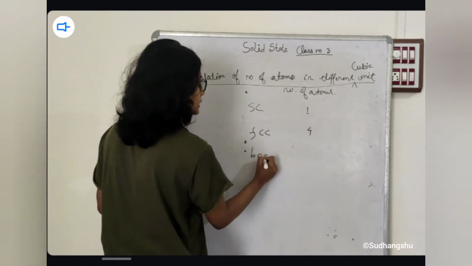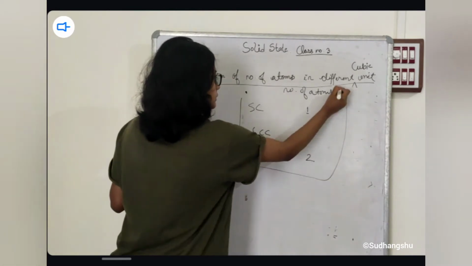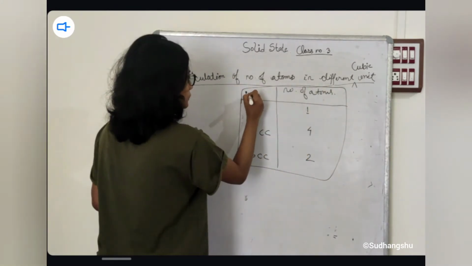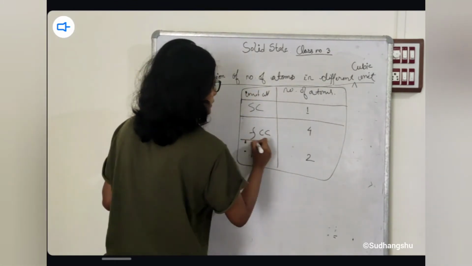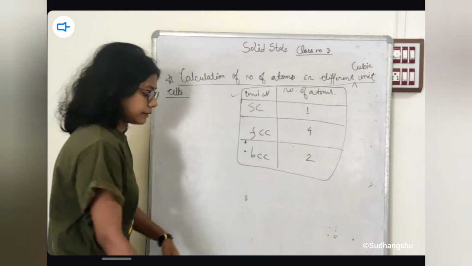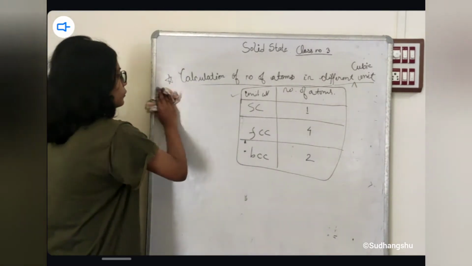For body center it is 2. So this is very important. Simple cubic 1, face centered 4 and BCC 2. So remember this table. Now moving to the next part.